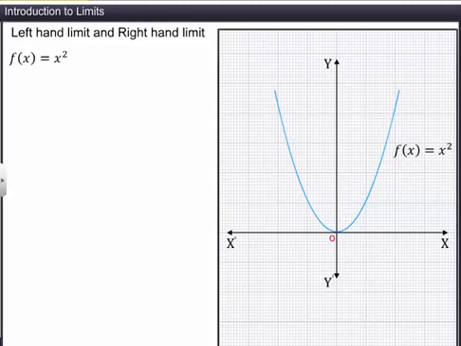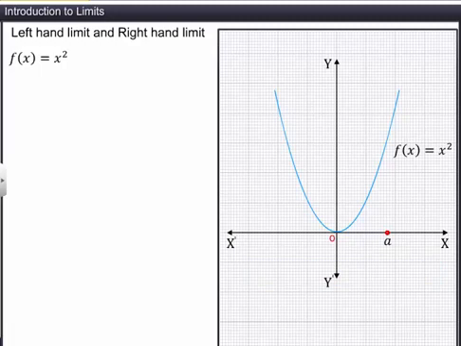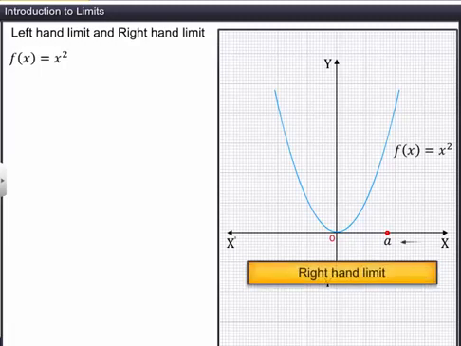When we talk about x tends to a point A, we can approach A in two ways. We can approach A either from the right-hand side or from the left-hand side. When we find the limit from the left-hand side, we call the limit the left-hand limit. Similar is the case with the right-hand limit.